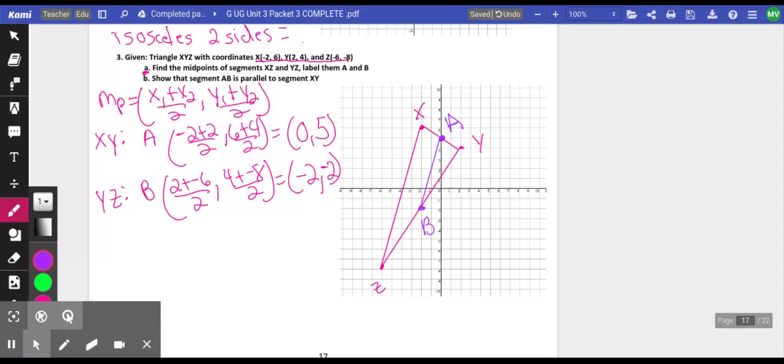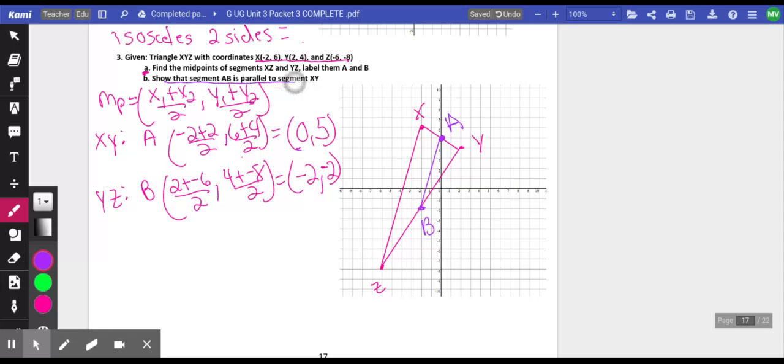I plotted my triangle XYZ, and then I found the midpoint of XY, which I named A, by doing the midpoint formula. So I did -2 plus 2 over 2, 6 plus 4 over 2, and I got 0, 5, which I plotted as A. I then found the midpoint of YZ by doing 2 plus -6 over 2, comma 4 plus -8 over 2, which gave me -2, -2, which is B.